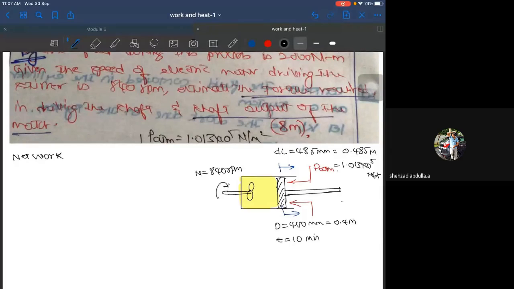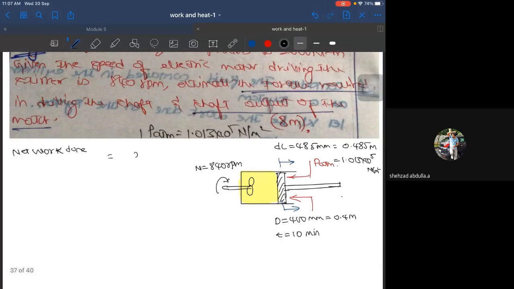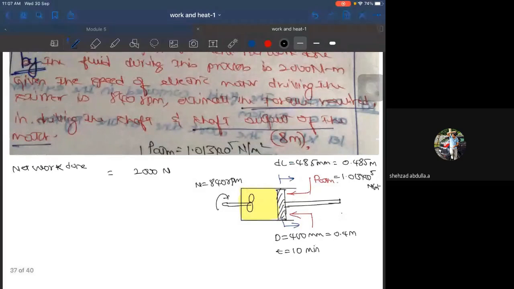Is that net work by the system or on the system? It is by the system. So Newton meter is given here.